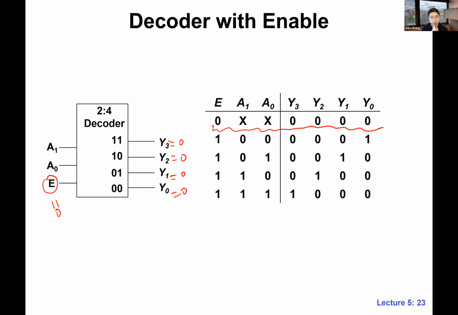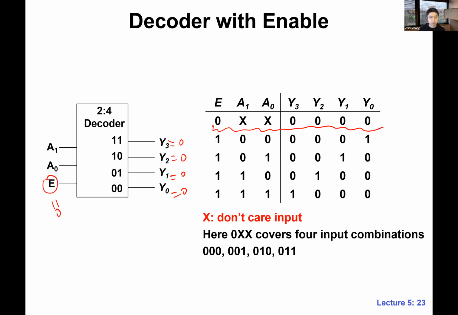See, there's some X in the input columns. X also means a don't care in this case. So with this X, we have something called a don't care input. Really what we are doing is using a single line to represent many different combinations.